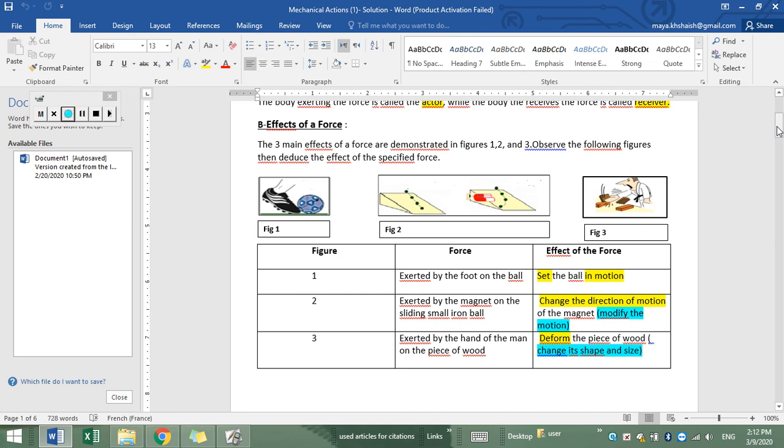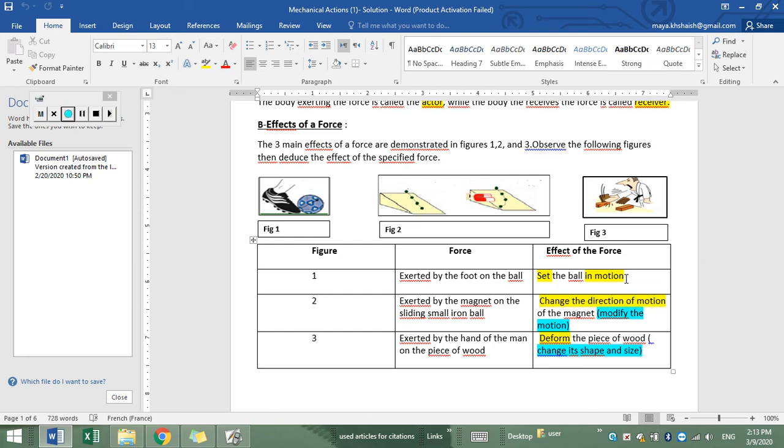So in figure 1, the force is exerted by the foot here on the ball. What is the effect of the force? It is setting the ball in motion. As the boy kicks the ball, it moves. So what is the effect of this force? It is setting the ball in motion.